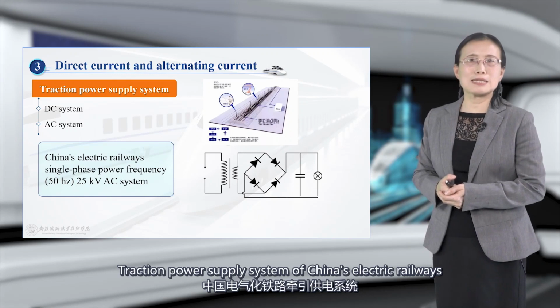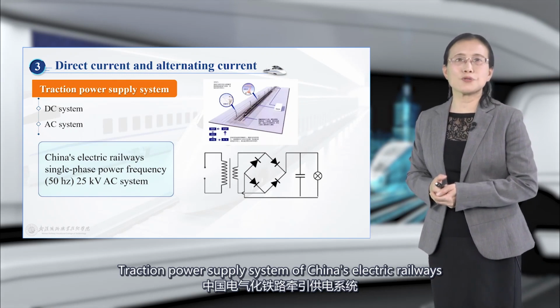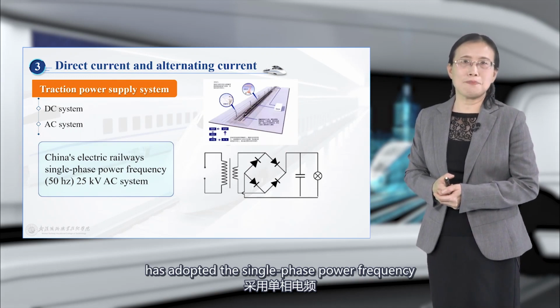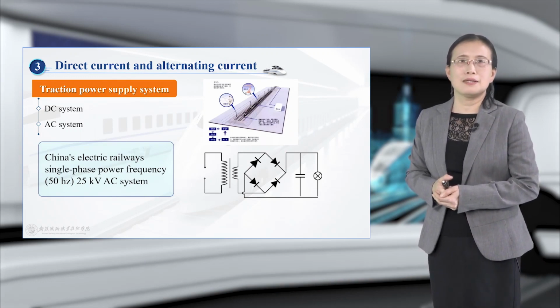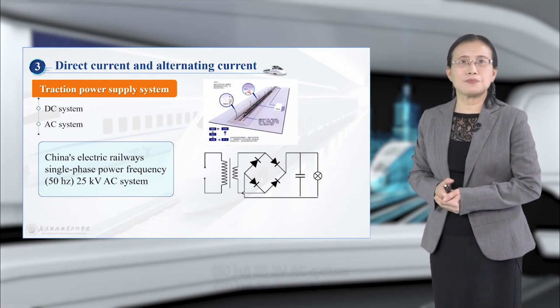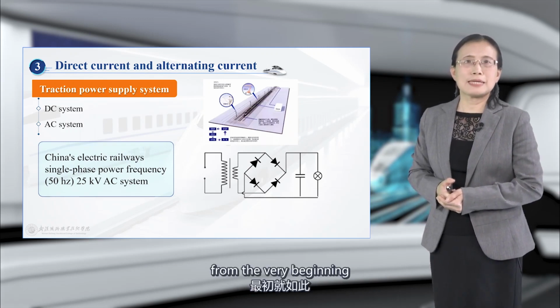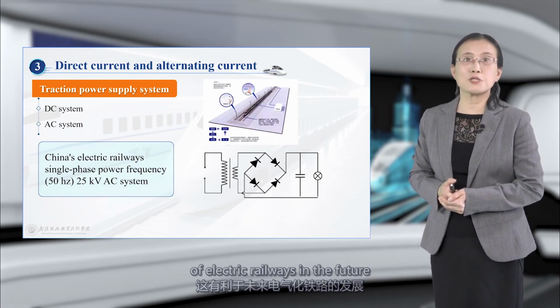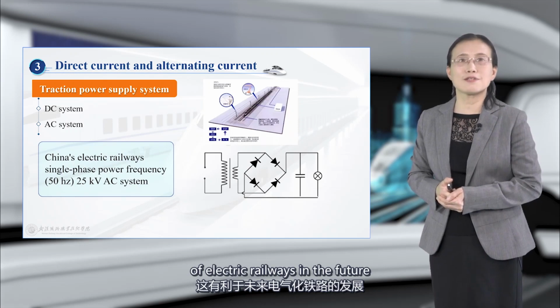Traction power supply system of China's electric railways has adopted the single-phase power frequency 25 kilovolt AC system from the very beginning, which is conducive to the development of electric railways in the future.